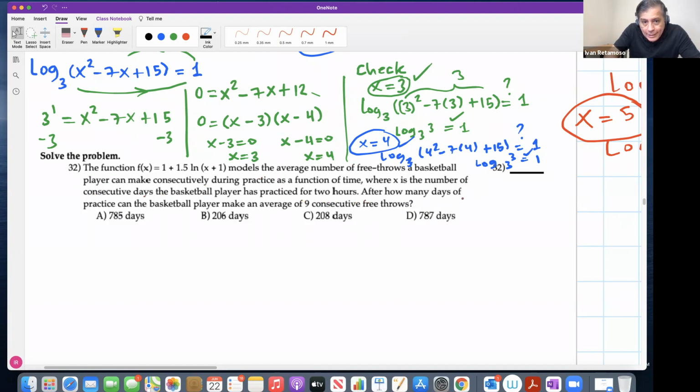After how many days of practice can the basketball player make an average of 9 consecutive free throws?